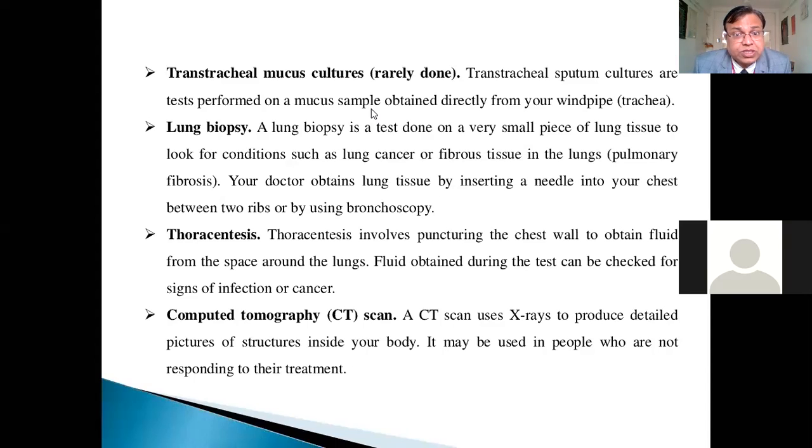Next test is the lung biopsy. A lung biopsy is a test done on a very small piece of lung tissue to look for conditions such as lung cancer or fibrous tissue in the lungs, as in pulmonary fibrosis.